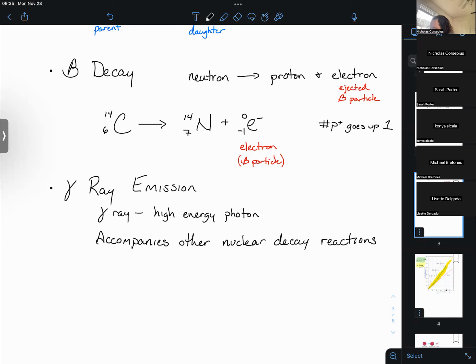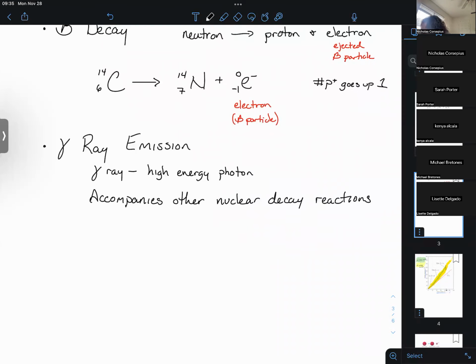So for example, if we had rhodium 103, rhodium is element 45, and it undergoes alpha decay. Okay, so first of all, based on what we've learned, you should be able to tell me what the products of that alpha decay reaction are.